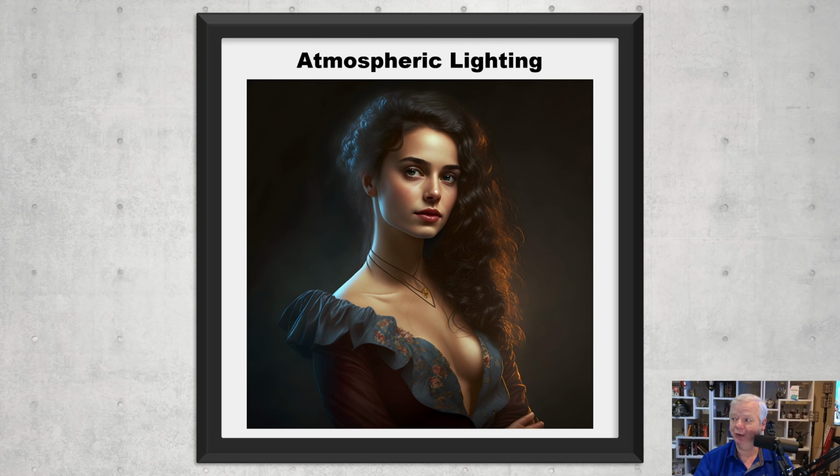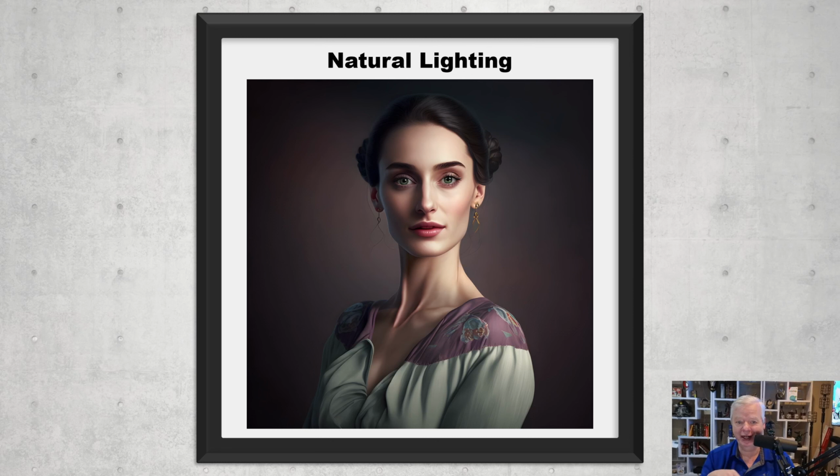All right, so our next one here is what's called natural lighting. Now, natural lighting, again, is very similar to studio lighting, but it's using a singular light source that is heavily diffused. And when I say diffused, what that basically means is that the light is very soft. It's not harsh, it's very spread out.